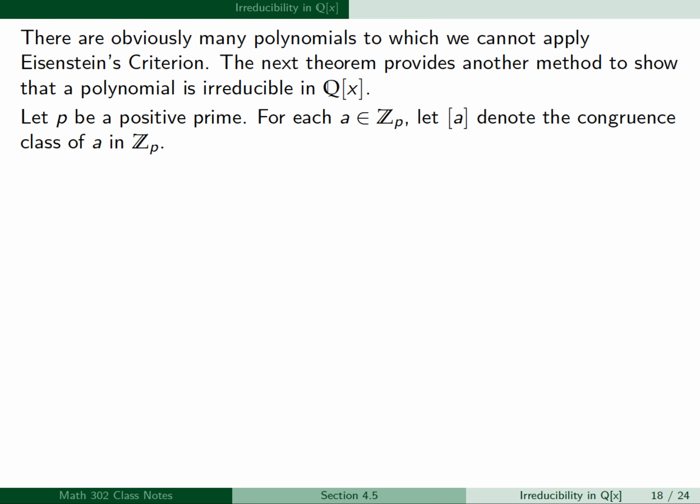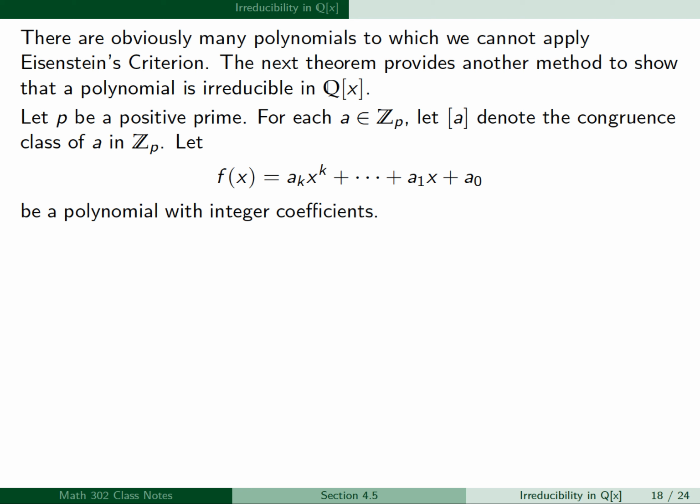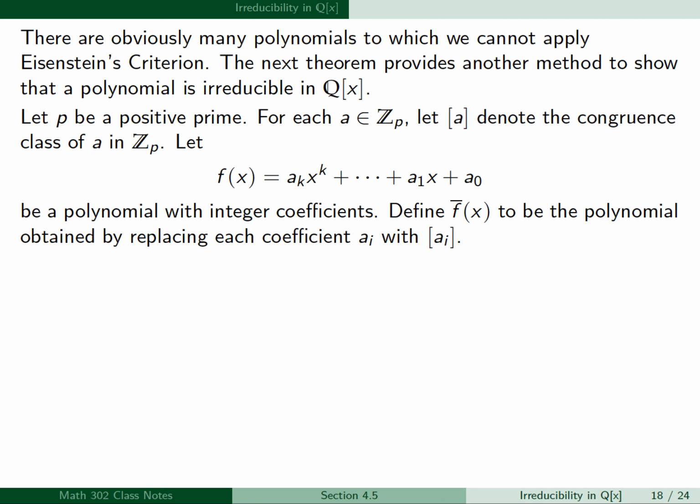So this is our old notation from back in chapter 2. And let f of x be a polynomial a sub k x to the k plus down to a sub 1 x plus a sub 0 with integer coefficients. We'll define f bar of x to be the polynomial obtained by replacing each coefficient a sub i with its congruence class bracket a sub i.